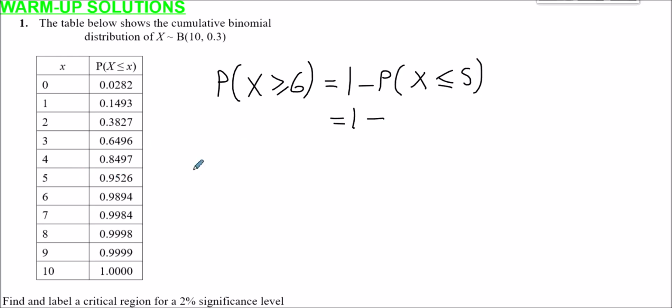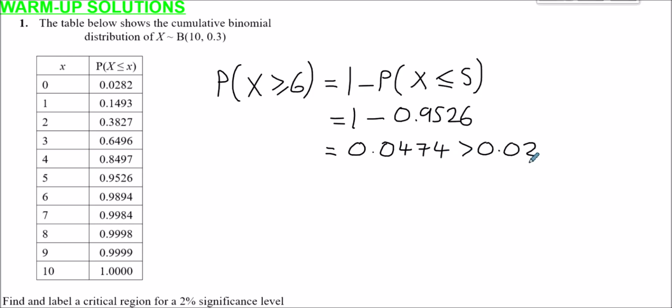So that's 1 minus 0.9526, and that gives us 0.0474. Now that is greater than 0.02.